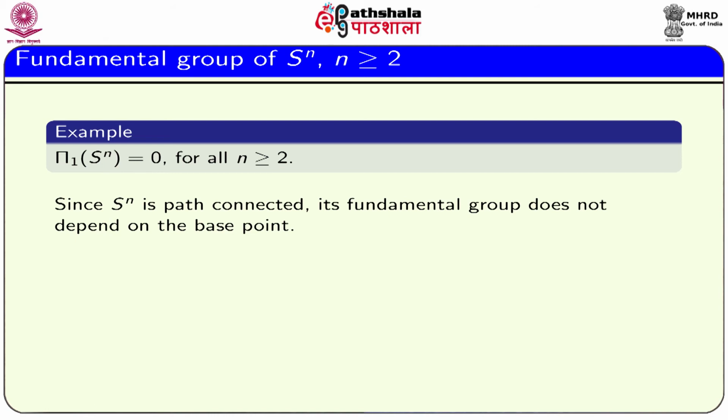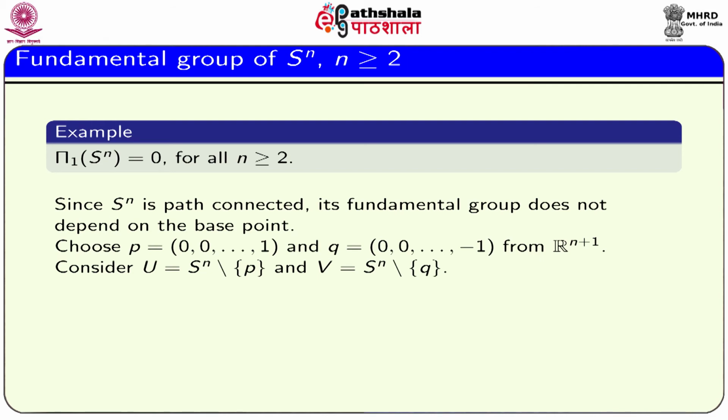Now we use this theorem to show that the fundamental group of Sn is trivial whenever we take n greater than or equal to 2. Since Sn is path connected, its fundamental group does not depend on the base point. Now we choose two particular points.